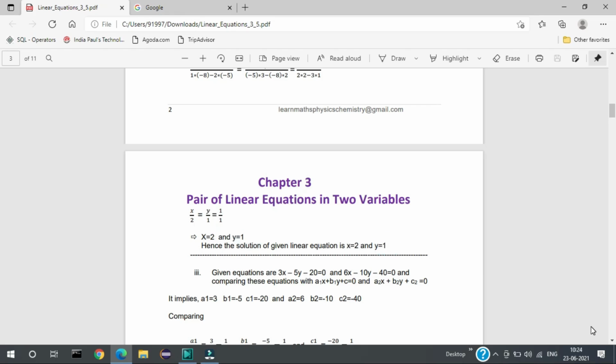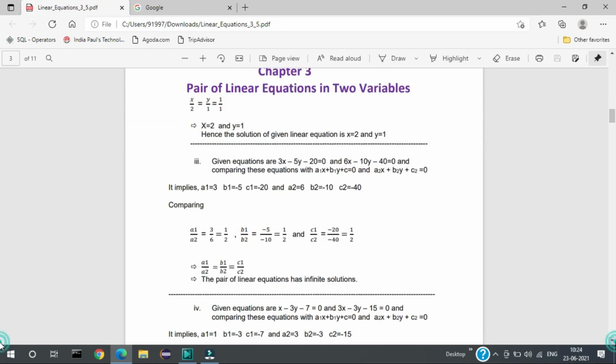Coming to third one. Given equations are 3x minus 5y minus 20 equals to 0 and 6x minus 10y minus 40 equals to 0. Comparing these two equations, first of all we need to compare them with a1x plus b1y plus c1 equals to 0 and a2x plus b2y plus c2 equals to 0.